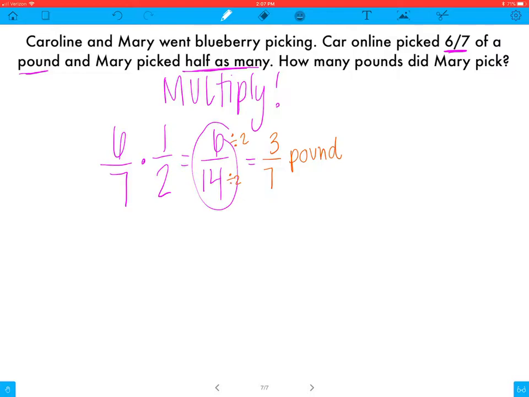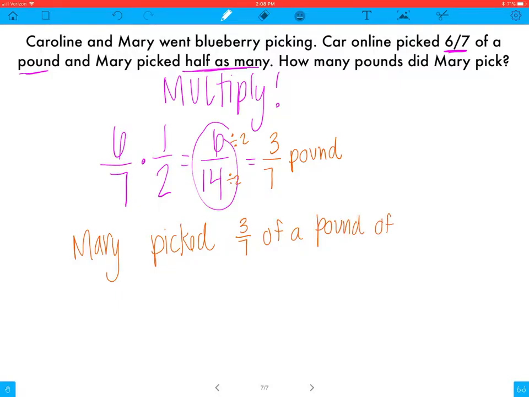But I can write it out with a label that Mary picked 3/7 of a pound. I can even check this, doing 3/7 plus 3/7, and I'm going to get 6/7. So, that's a cool way to be able to check my answer.